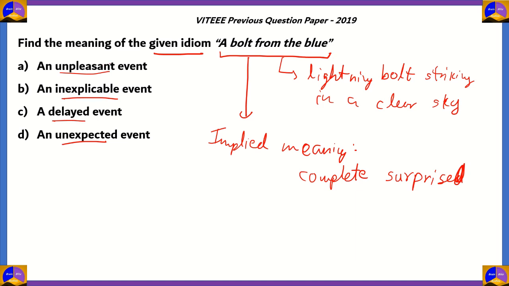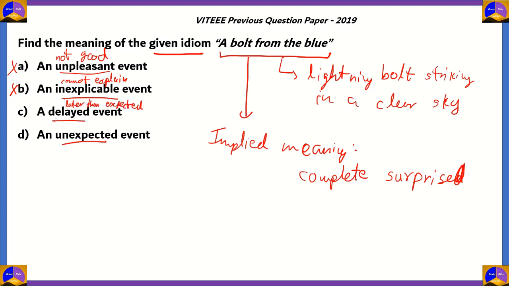So the word unpleasant, it means, well, not good, not happy, etc. So therefore option A is incorrect. Option B is inexplicable, so it's something that you cannot explain. So option B is incorrect. Option C, the word is delayed, which is later than expected.